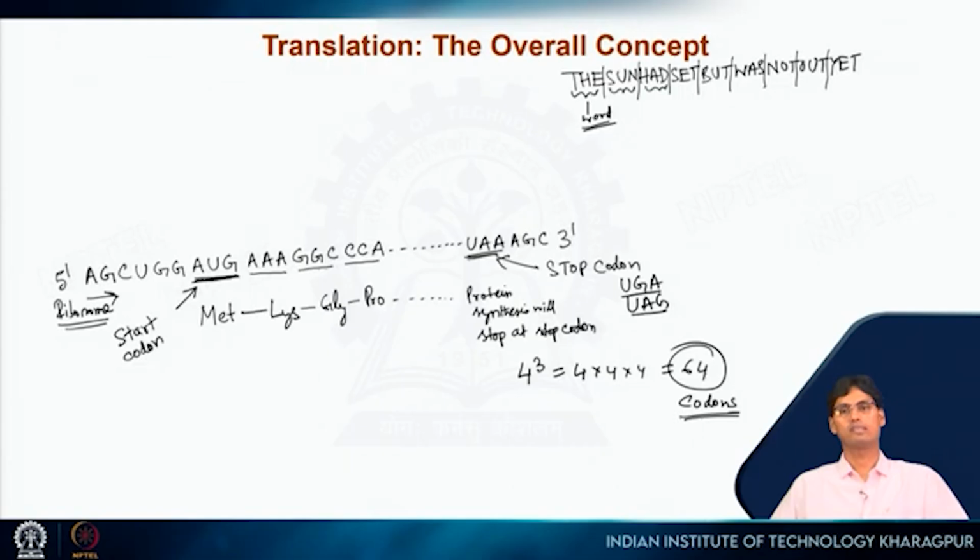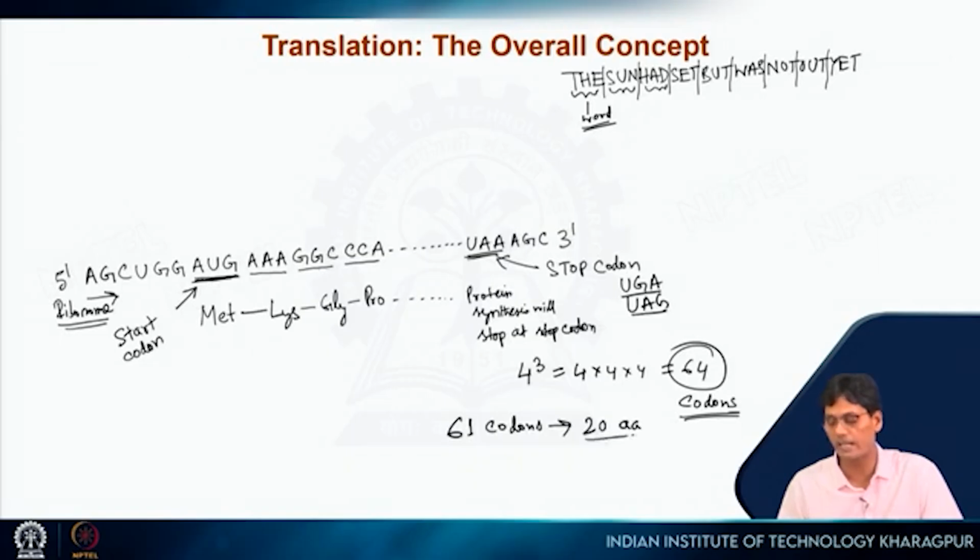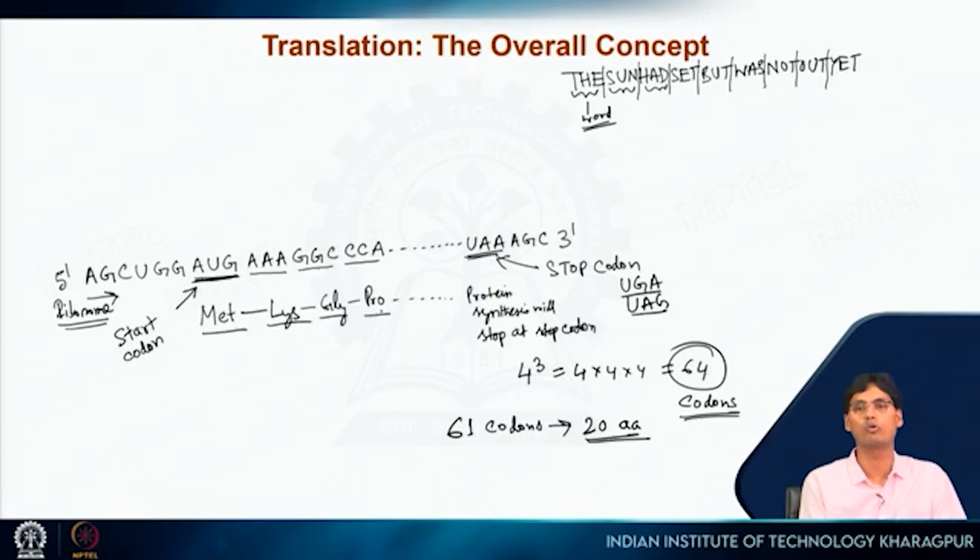If we ignore those 3 codons, we have 61 codons left. Those 61 codons are responsible for how many amino acids? Naturally in our cell we have 20 different types of amino acids, so they code for 20 different types of amino acids. I have given a few examples, for example methionine, lysine, glycine, proline, etc., and their corresponding codons.